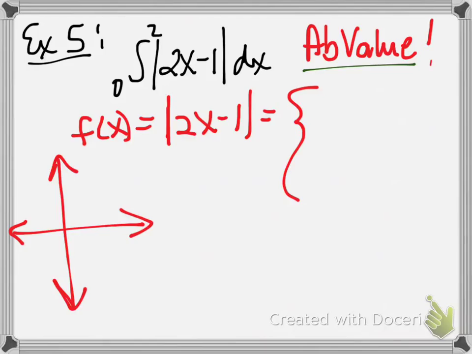So 2x minus 1, well, it's been shifted to the right 1 here. Actually, it's been shifted to the right 1/2. So this is 1 and this is 2. And so it actually looks like this. And it's okay to graph that on a calculator so you get a little bit of an idea.